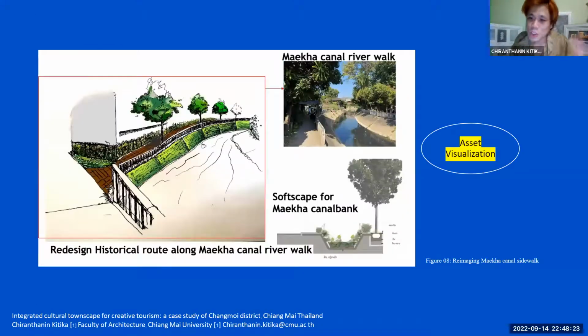And from that, you have to visualize what the new access of this district is for, because I want to see where the creative tourism is, and tourism is set to understand local people and commercial people as well. So we found out that the canal river walk is a very important asset that we never visualized.